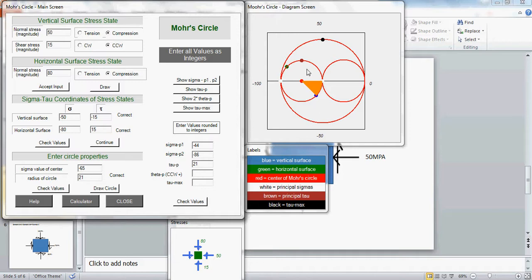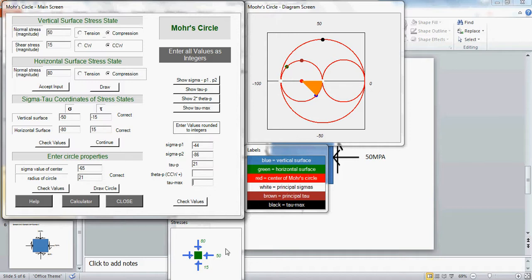Now notice how your tau p is separate from your maximum shear, where maximum shear is basically the maximum value. It's on this larger circle that has the true maximum values. So you'll take your maximum value on the left here, which is going to be P2, so negative 86 to 0, the radius of that.